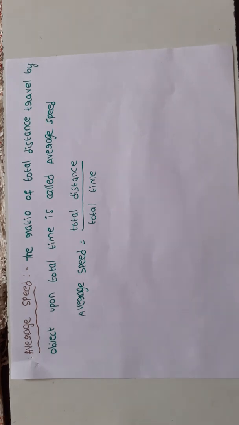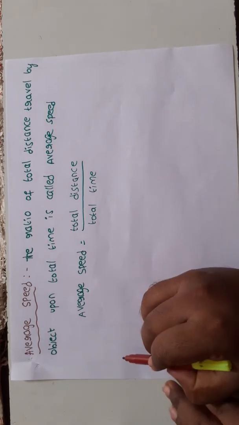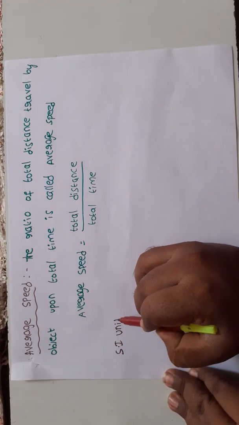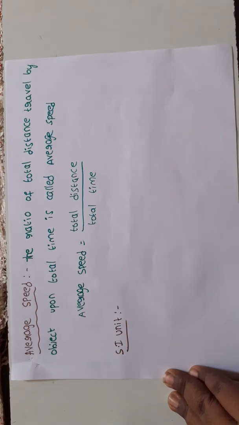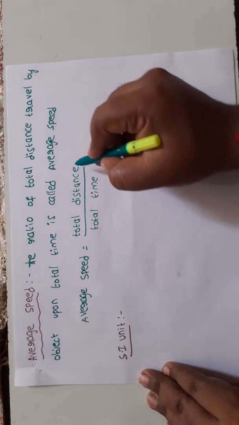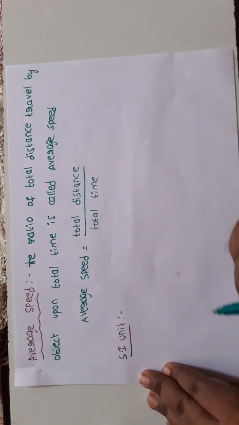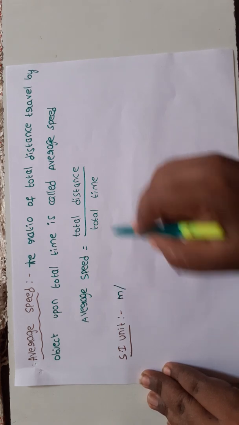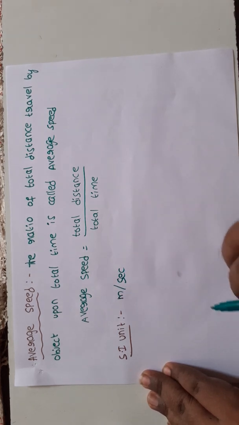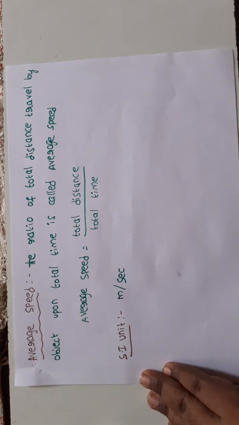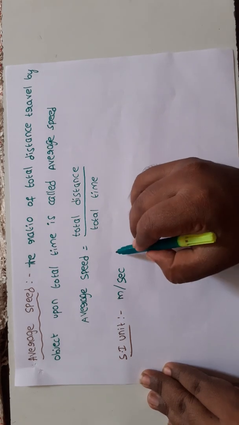What about the SI unit? What is the SI unit of distance? Meter. Time is second. Meter per second is the unit of average speed, and speed has the same unit.